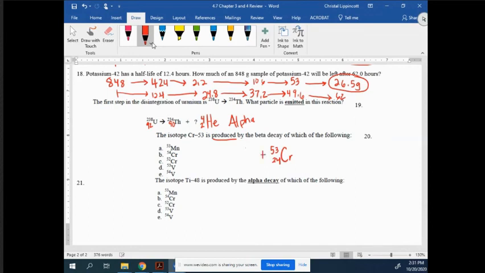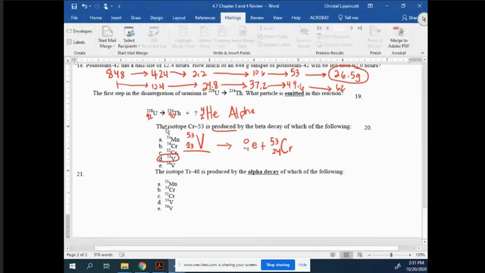So we would have beta is 0, minus 1 here. And we need to figure out what our starting thing was. If we went down, this would have been 23. And then our mass would have stayed the same, which is 53. So element number 23 on the periodic table is vanadium. So our answer would have been D for this one.